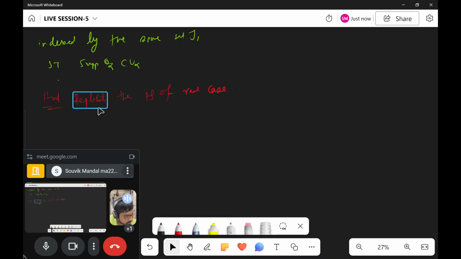So are you able to figure this out? Okay, let me solve this for you. Given an open covering U, so we have the given open cover.